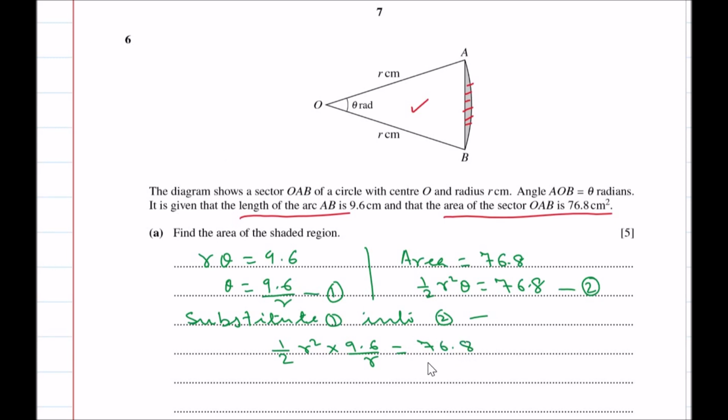So r power 2 cancels out with this r. So we get, if you divide 9.6 by 2, we get 4.8. So 4.8 r equal to 76.8.